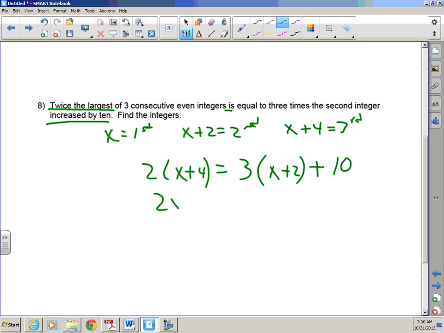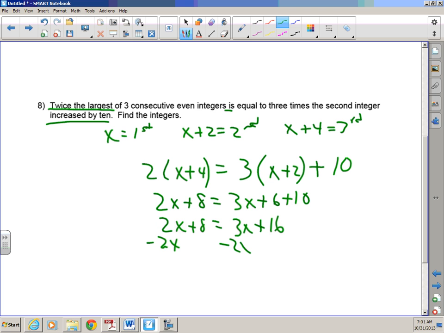Okay? Now, I solve. You'll see that the equation part of this is very straightforward. Like I said, the main battle is getting the equation set up.